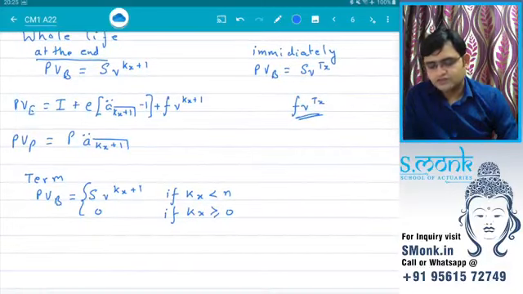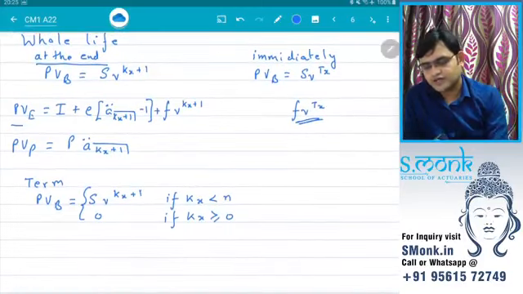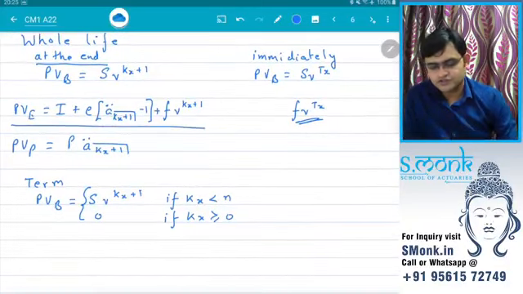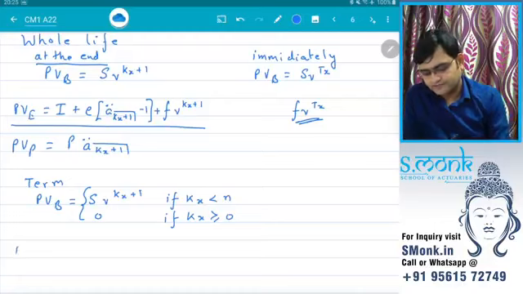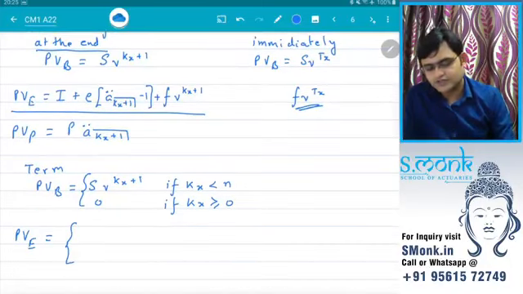In a term assurance, what happens is our expenses will go accordingly. Present value of expenses, also we will have two cases. If a person dies within n years, what happens? And if a person dies after n years, what happens?